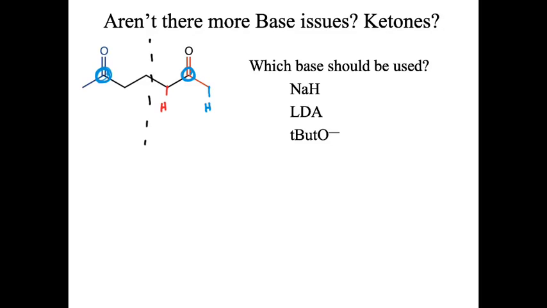Why does this become interesting? Well, if I remove a blue hydrogen, what have I made? I now have a nucleophile. Is there an electrophile nearby? Yeah. Where? The other carbonyl. Okay, I like the use of other.